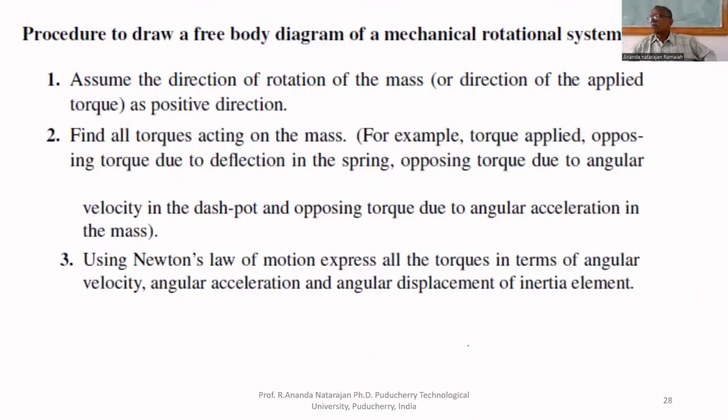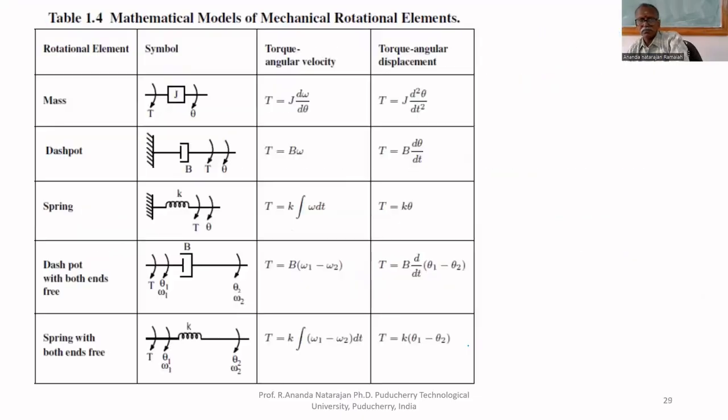Here also we have to draw the free body diagram. What are the applied torques we should mention? What are the reaction torques we have to mention? Then by using the law of motion, we have to write the equation.